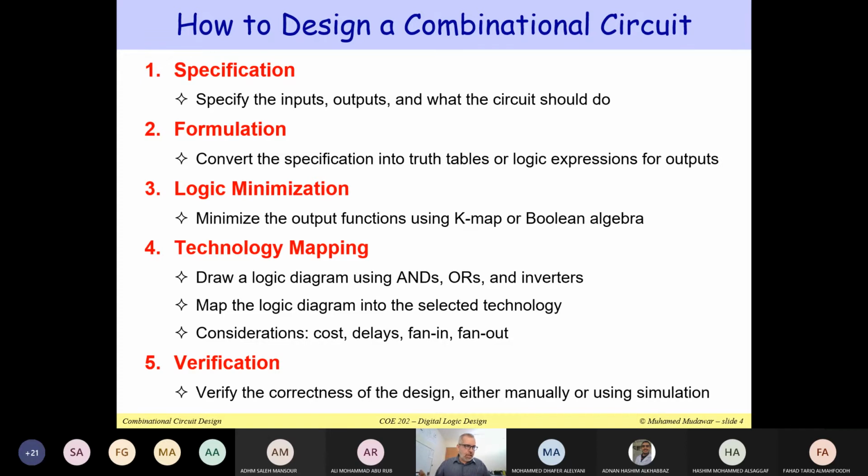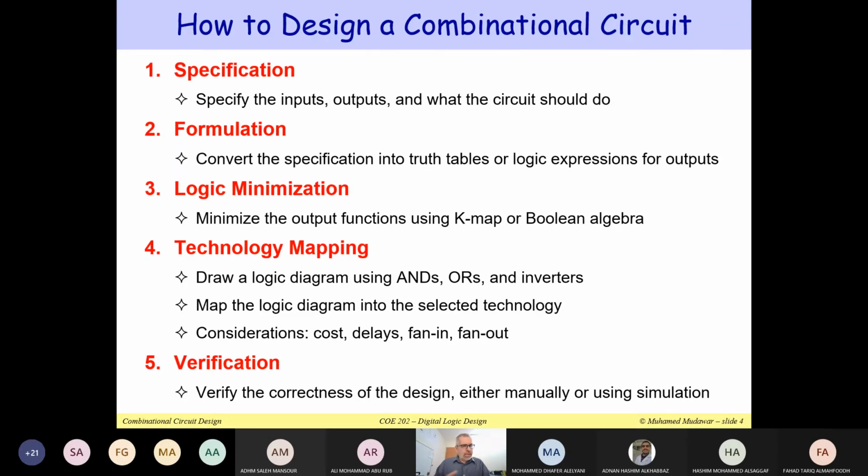Today in modern technology, we are using CMOS. This is today's technology, which is used for digital circuits. So you need to draw a logic diagram. You can draw the logic diagram using, let us say, AND gates, OR gates, inverters. Sometimes you need to use specific types of gates, like, for example, NAND, NOR.